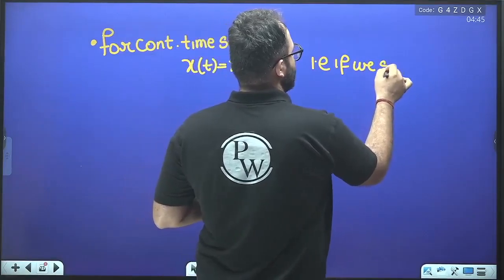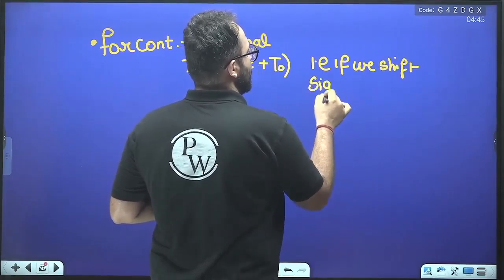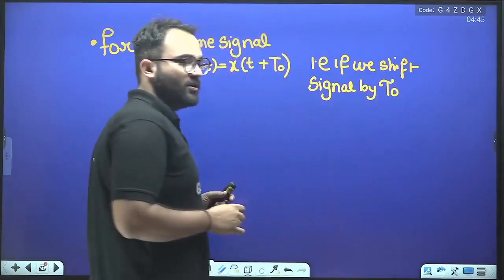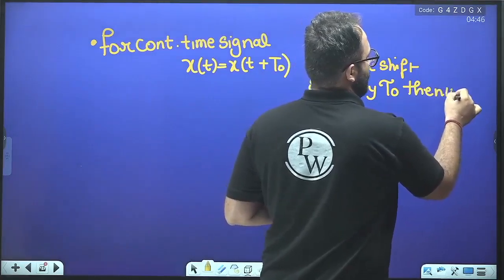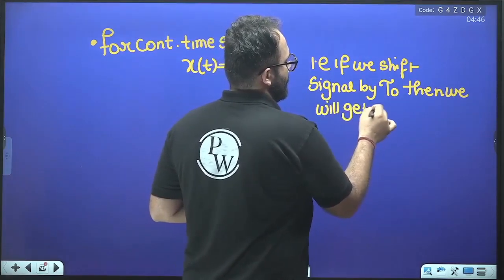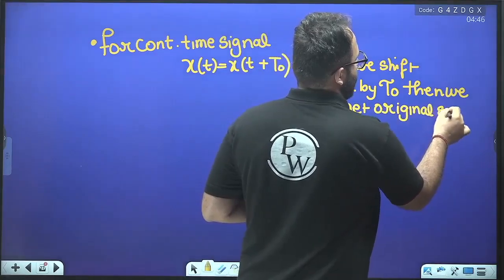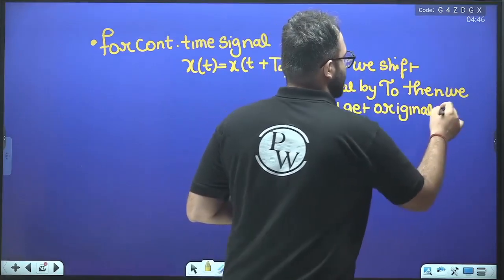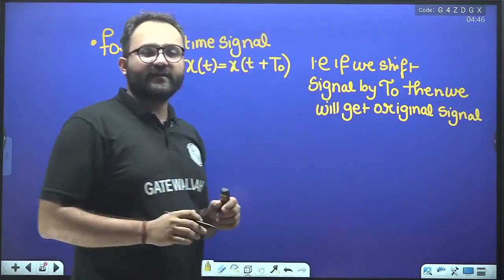That is, if we shift the signal by T naught duration, then we will get the original signal. Thus this is the definition of the period.